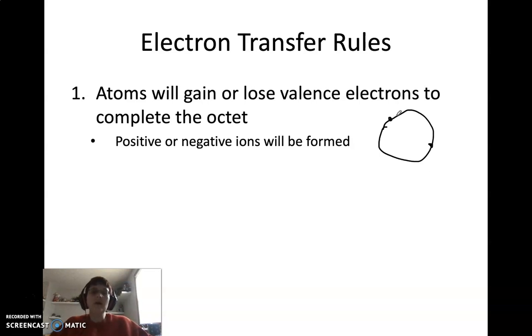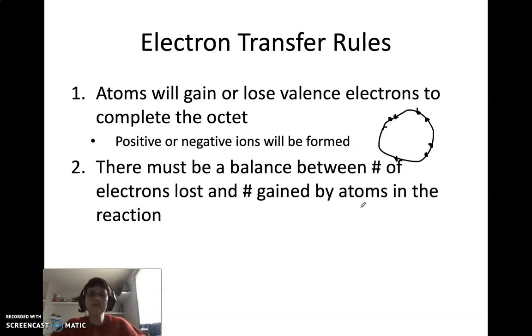If you've got all of your electrons except you're missing, say, one, then you're going to gain in order to make yourself into a negative ion.